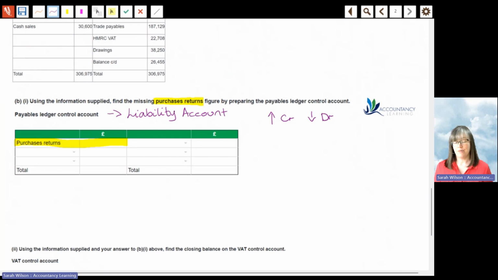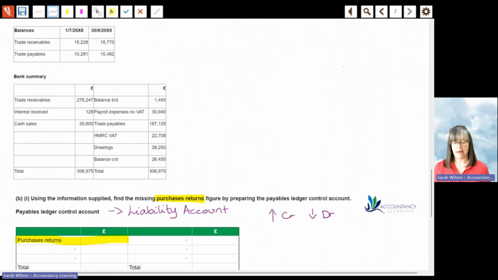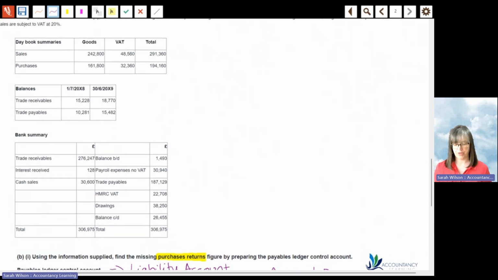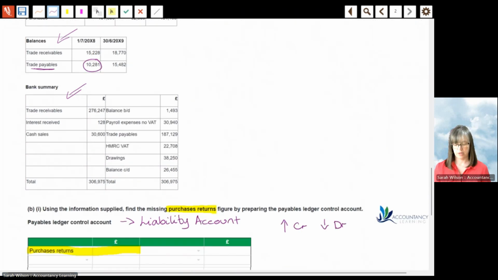So with any account, we always need to start by having a look at any opening balances that we've got. The information we're given is we've got day books here, we've got our opening and closing balances here, and then we've got various bank transactions here as well. So we can use this figure here, trade payables, the opening balance at the start of the financial year.